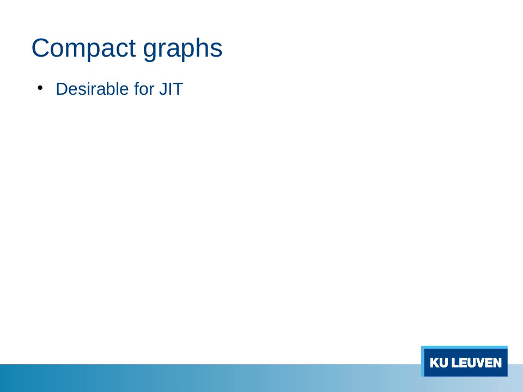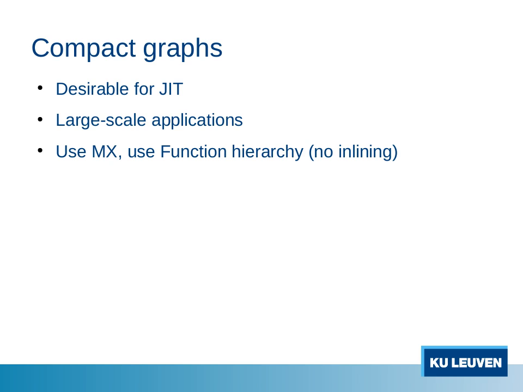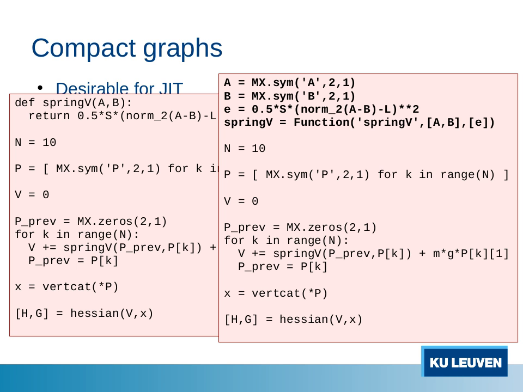So it's quite critical to have compact graph representations, especially for large-scale applications. The general idea is to work with a hierarchy of function calls, to chop your large problem up in smaller parts and then glue them together with MX. If I bring back the example with many springs, on the left I used a Python function to compute the expression for potential energy between 2 points.